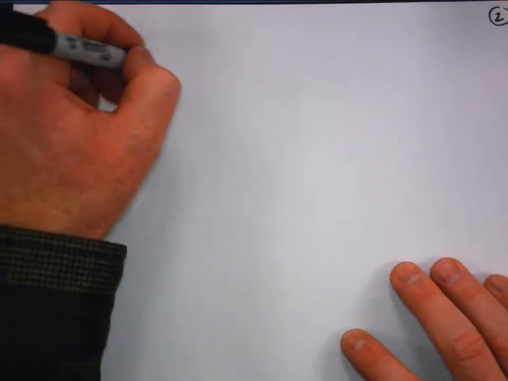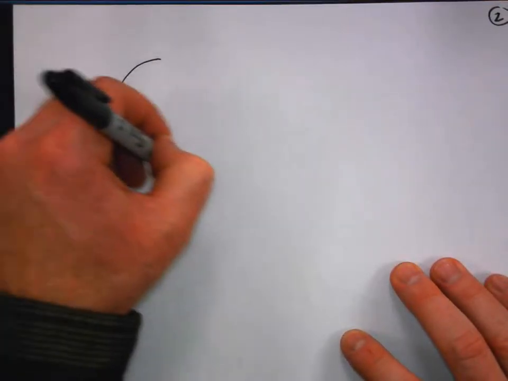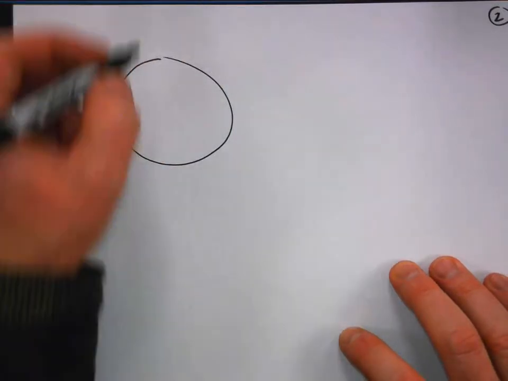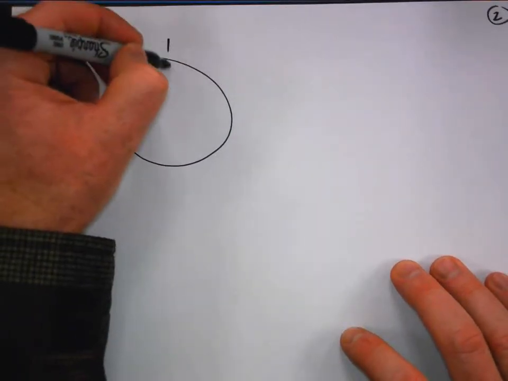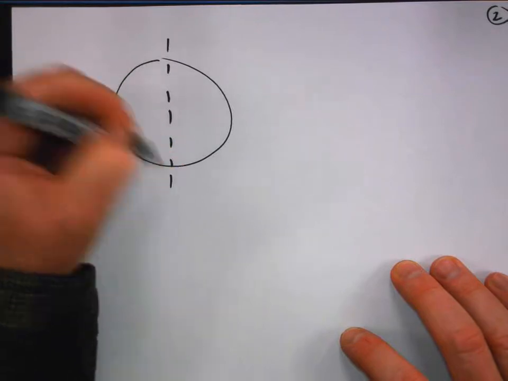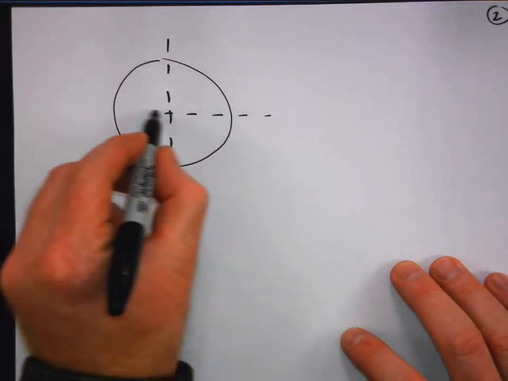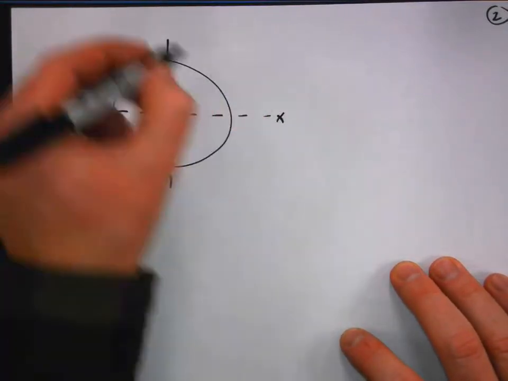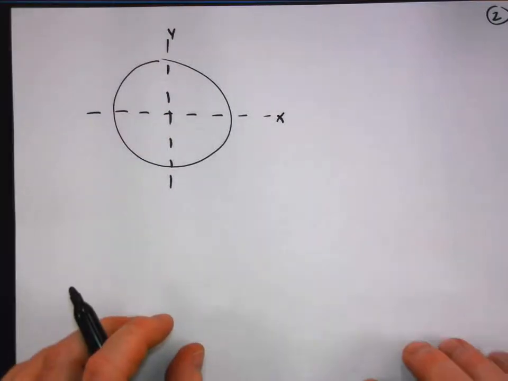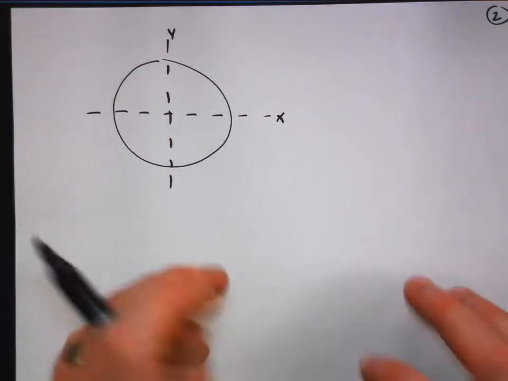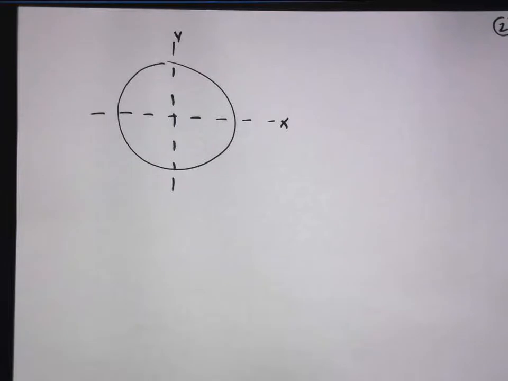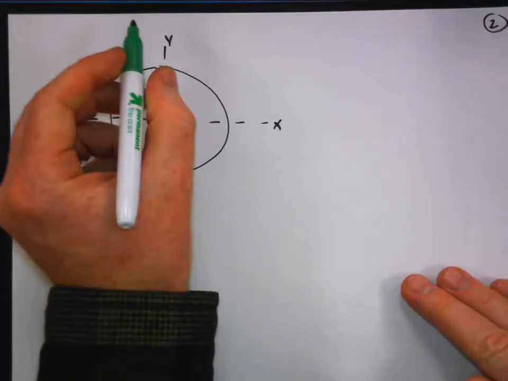We have a circular pathway, and we will add our coordinate system just for convenience. So the thing that we noticed was, I'm going to try to be consistent with the colors here, so I'll use green for velocity vectors.